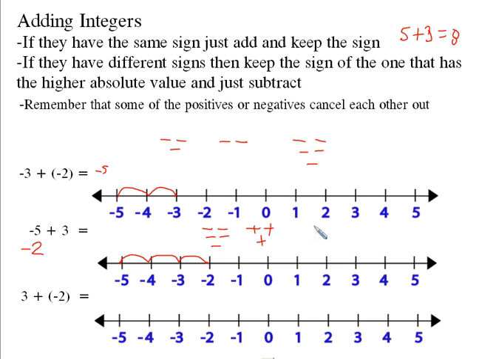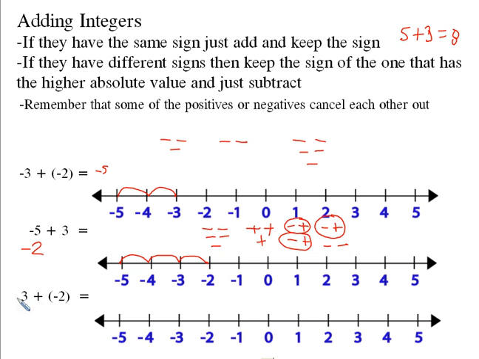So this here is 0. This here, 0. This here, 0. And what's the only thing that's left now? I've got 2 negatives left. That makes perfect sense, because these other ones canceled each other out.